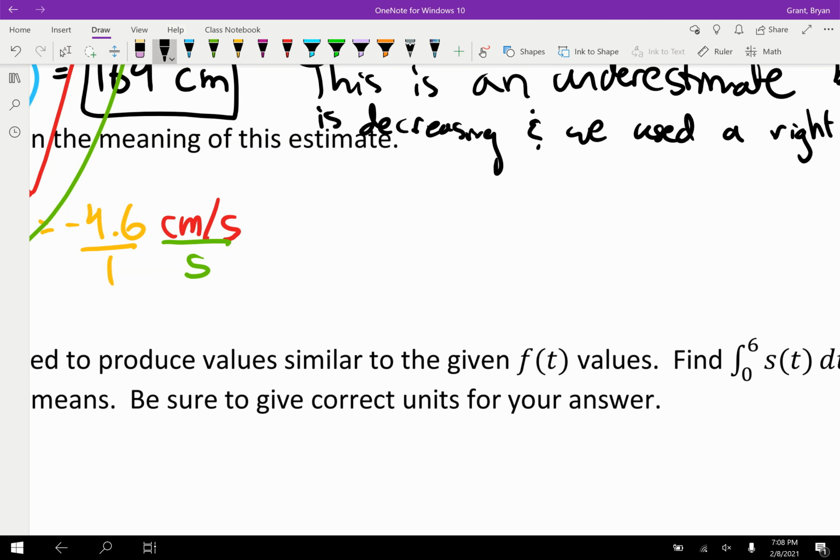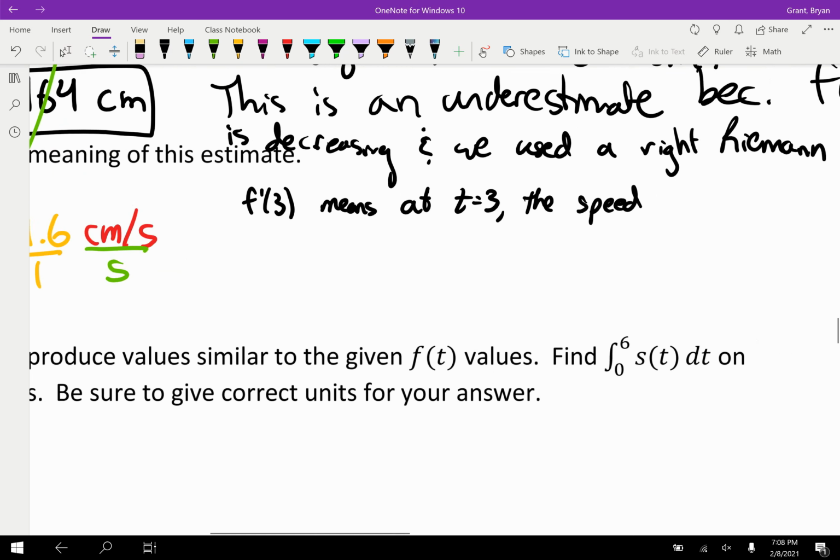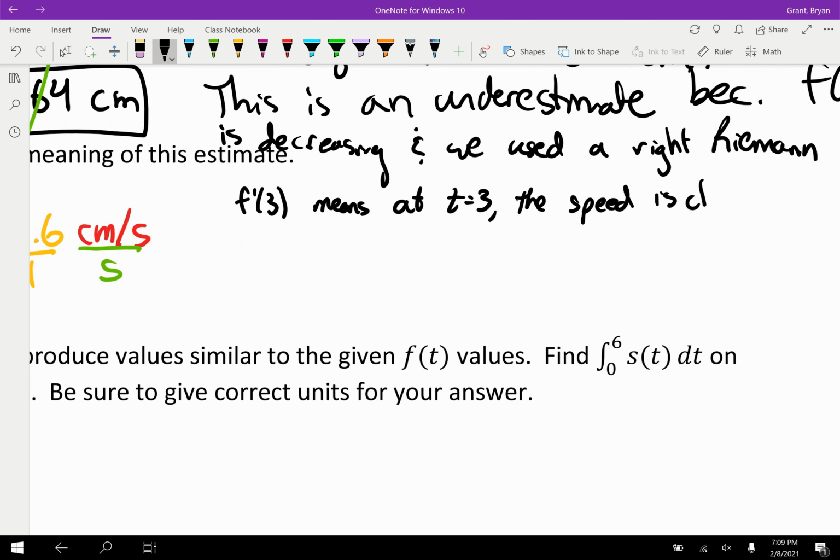So the best way, the most accurate way, is you could say so let's do it like this. F prime of 3 means at t equals 3, the speed, and we know it's speed because this is centimeters per second. You could also just call it velocity if you would like. The speed is decreasing.